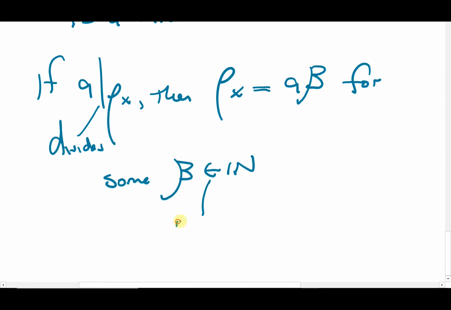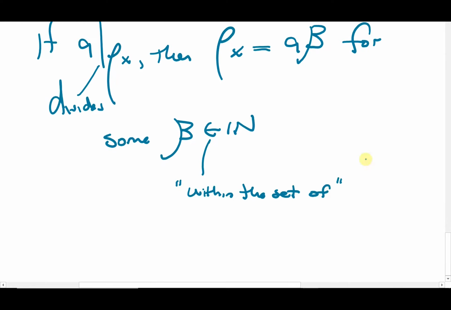What this means is it is an element of the set of natural numbers. So these are all elements. The set of natural numbers is 1, 2, 3. So what this means towards infinity is beta could be 1, beta could be 2, beta could be 3, and so forth.